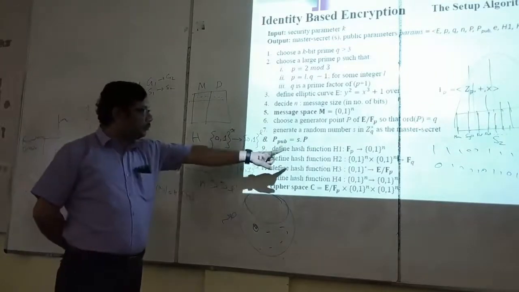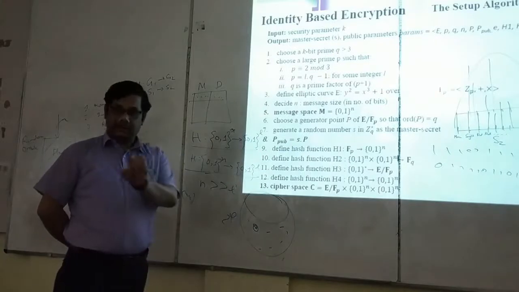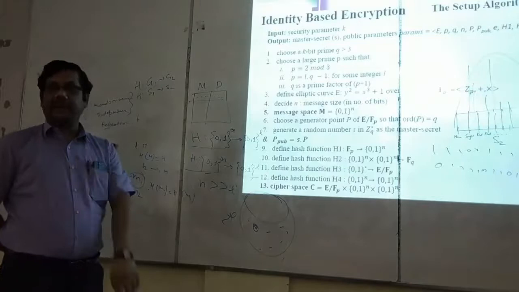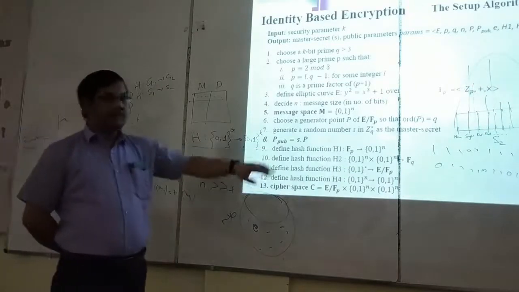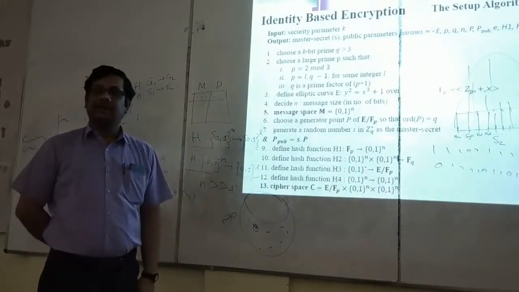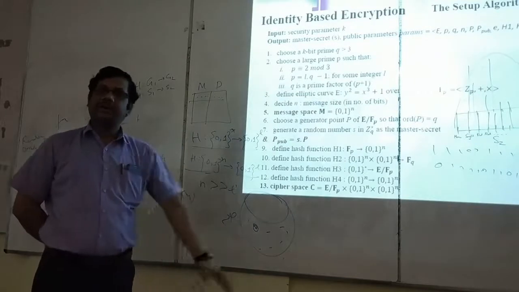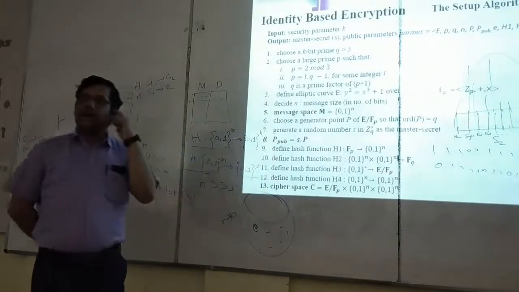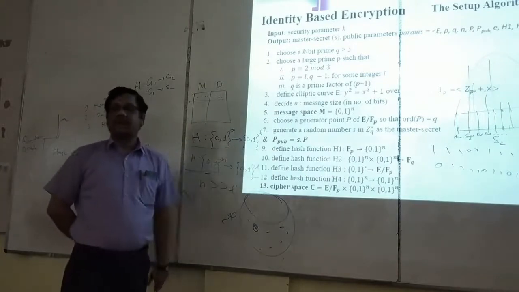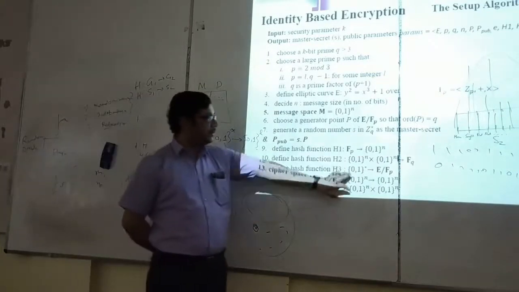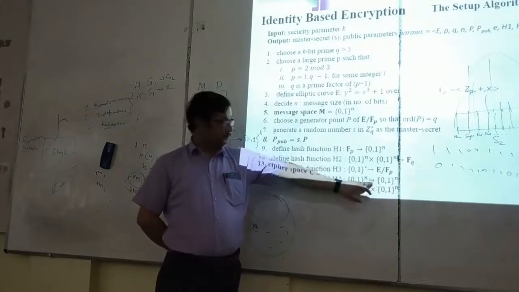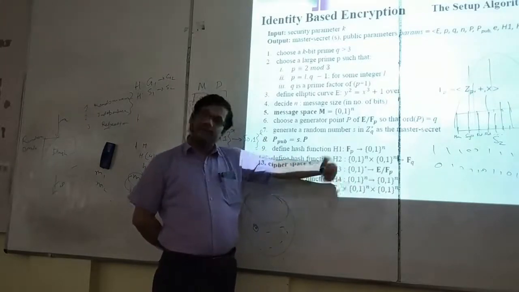So, the input is a pair of n-bit strings, and the output is a number between 1 and p minus 1, uniformly distributed over 1 to p minus 1. Similarly, the other two hash functions you can explain by yourself, like here an n-bit string input, and the output is a point, any point on the elliptic curve. One n-bit string output is also n-bit.